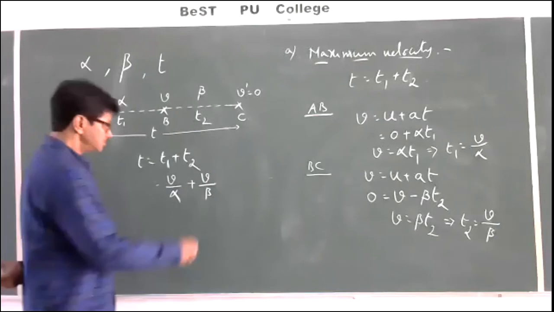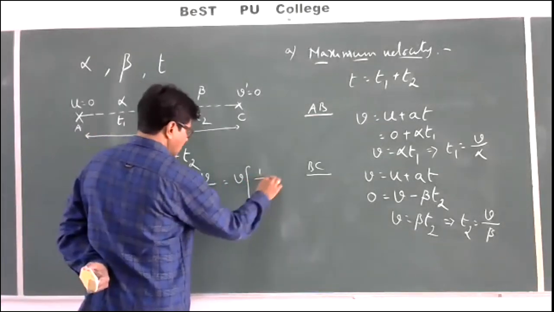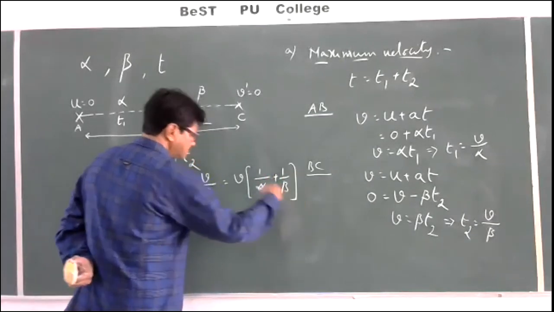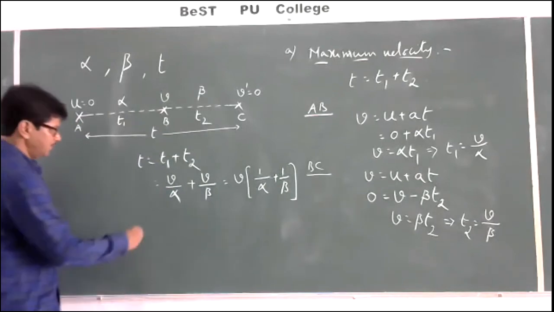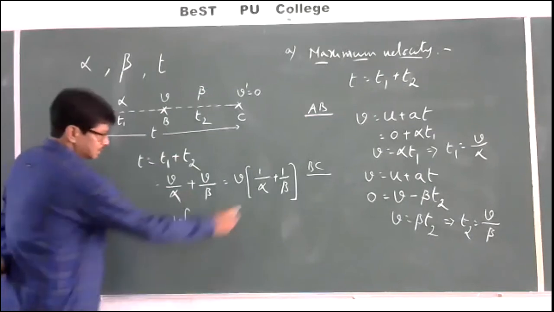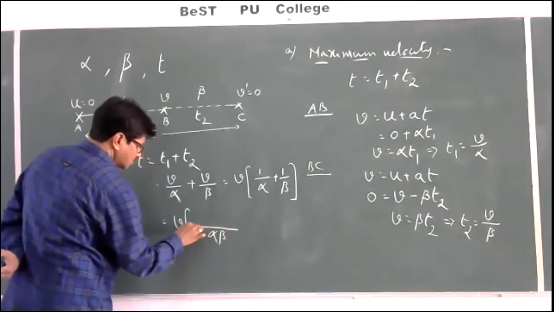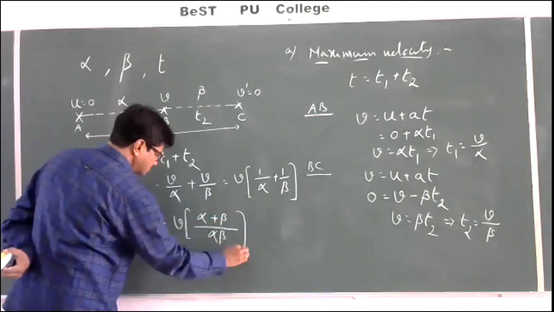If I take V common, we have 1 by alpha plus 1 by beta. Taking the LCM, alpha beta is the LCM, so we have alpha plus beta.